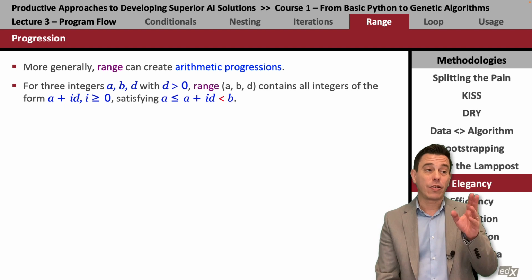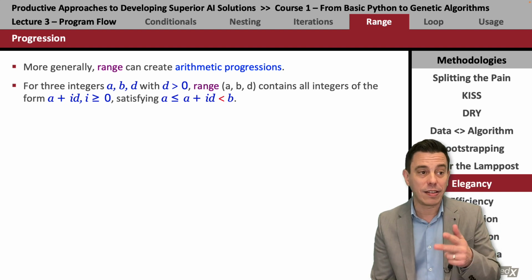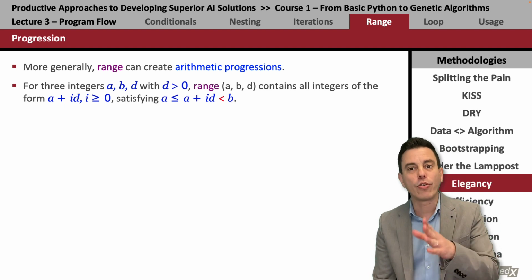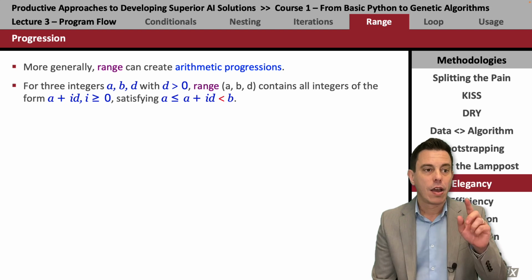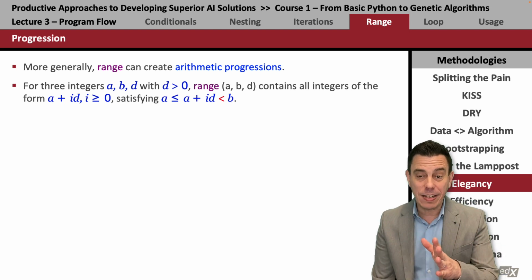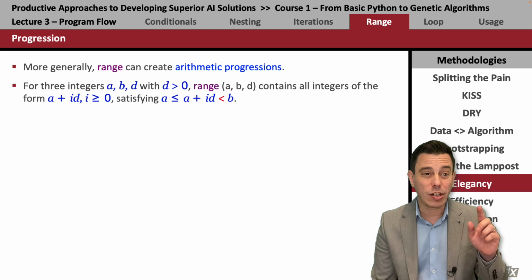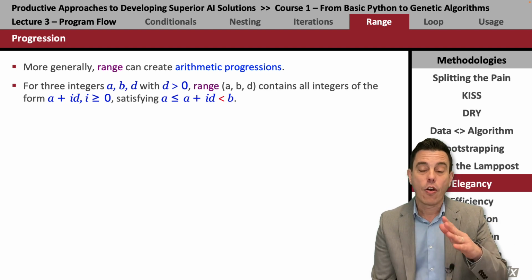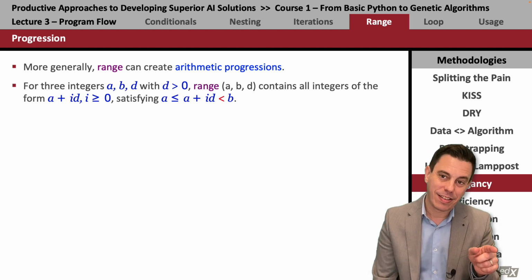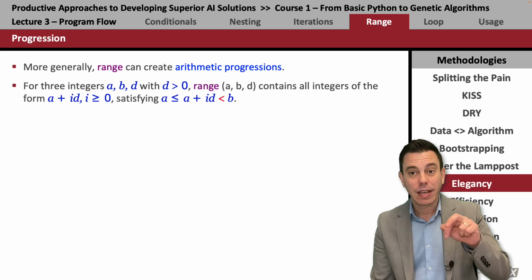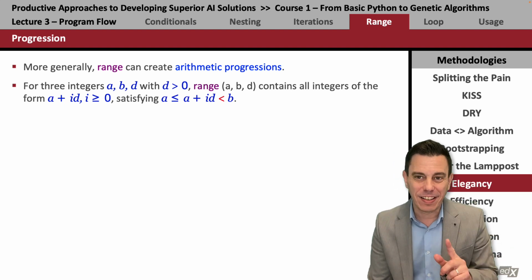So for these three integers, a, b, and d, when d is more than 0, we write range a, b, d. And this range will contain all the integers from a till b in steps of d.